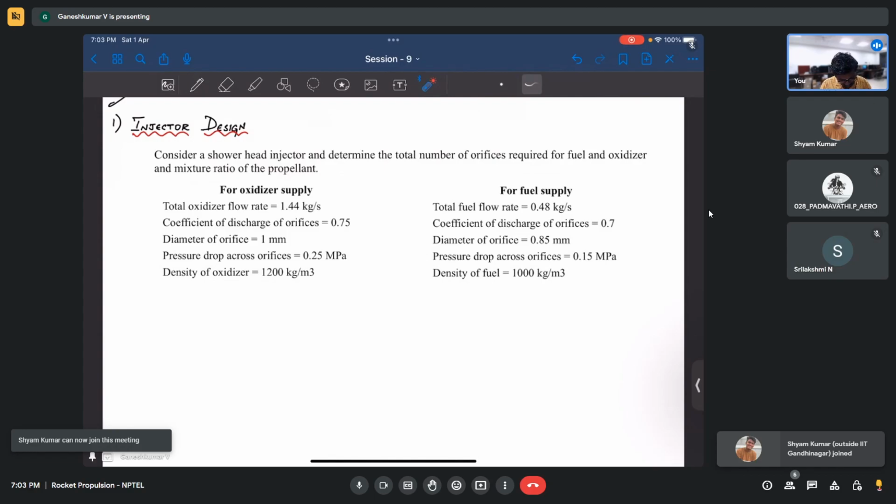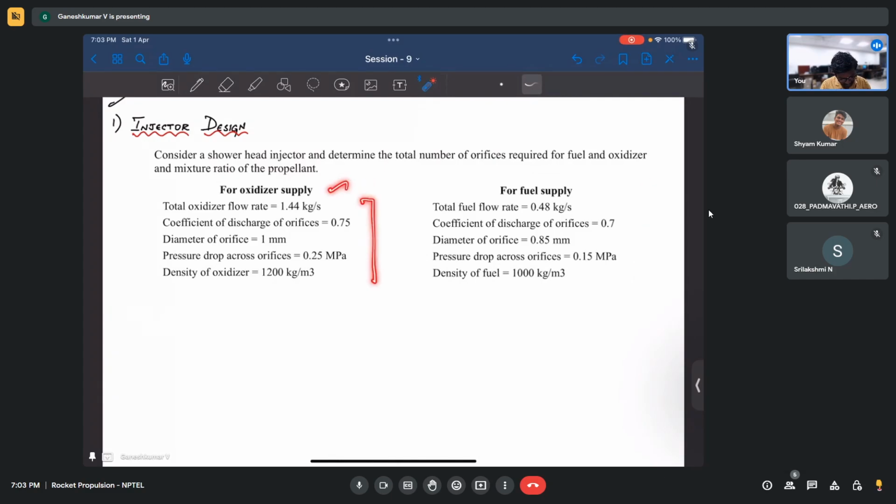Some parameters are given. For oxidizer supply there are a few parameters, and for fuel supply there are a few parameters given. Using these, we need to find how many orifices we need for the fuel and oxidizer injector. This is a design problem, because usually the problem would be given and you would be asked to find the mass flow rate or the volume flow rate.